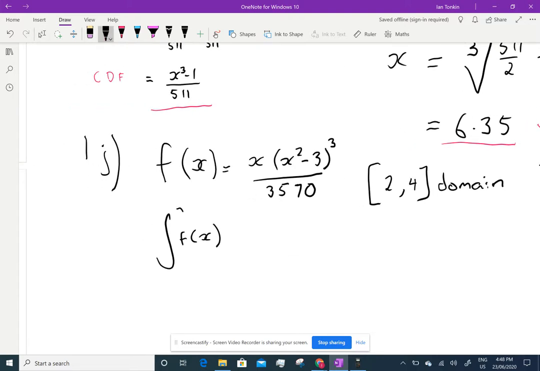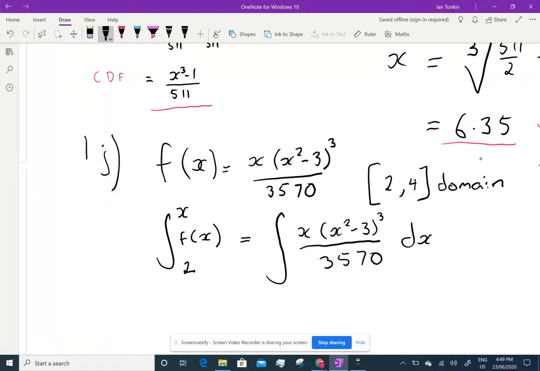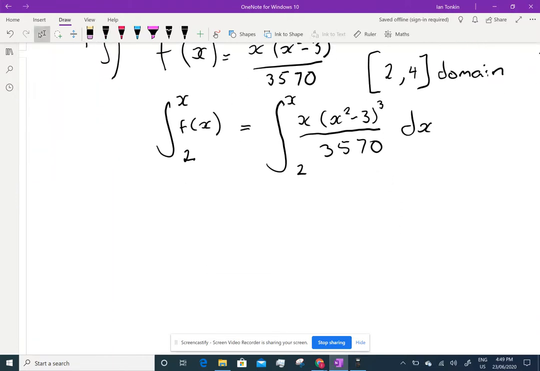So we're going to go x to 2 of f of x. So that's the integral of x squared minus 3 cubed over 3570 dx from x to 2. Okay, so this is a bit harder, this integration. And some people have real worries about this 3570. So I'm just going to take that out the front because it puts people off. You can take it out. It's a constant. It's multiplied.